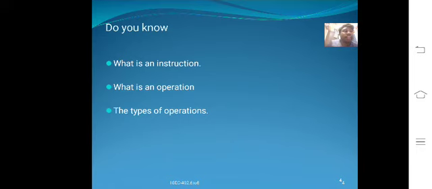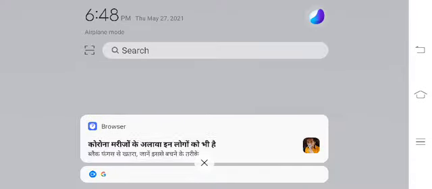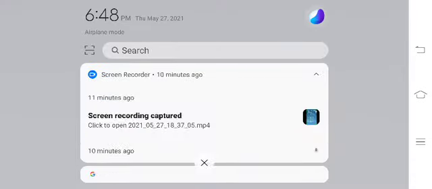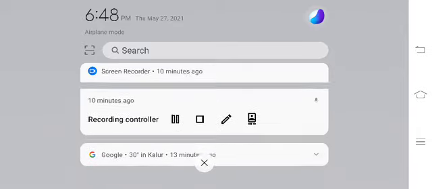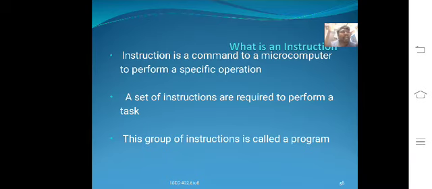This is our discussion. What is an instruction? Instruction is a command. I already told that the instruction set is nothing but a command set.